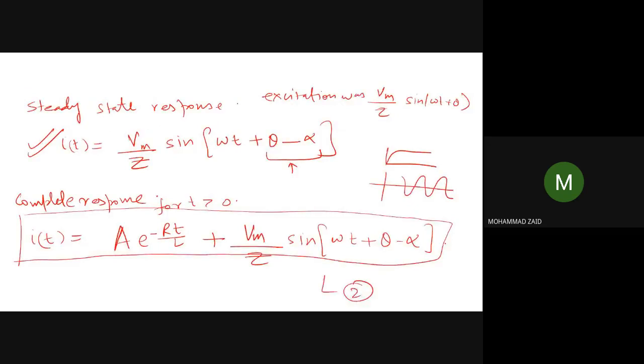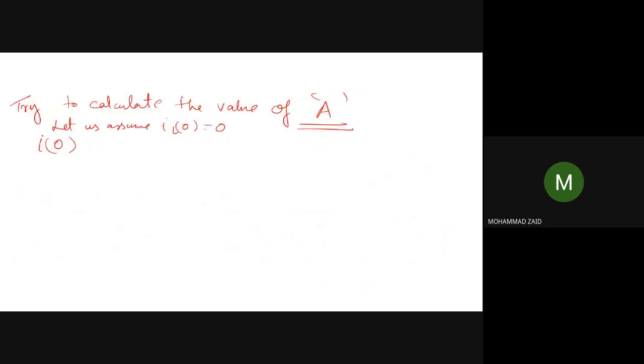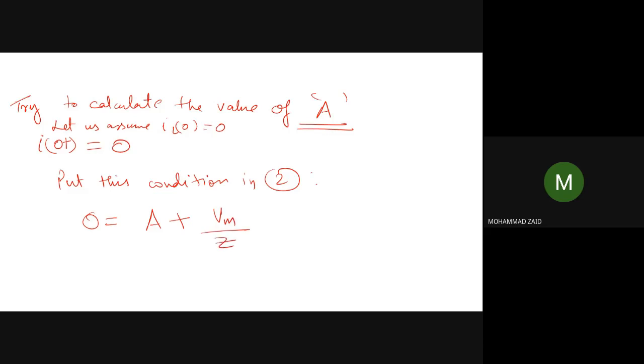Now, i(0) is 0, which means the current at 0 plus will also be 0. Putting this condition in equation 2, we get 0 equal to A plus Vm by Z sine of theta minus alpha.